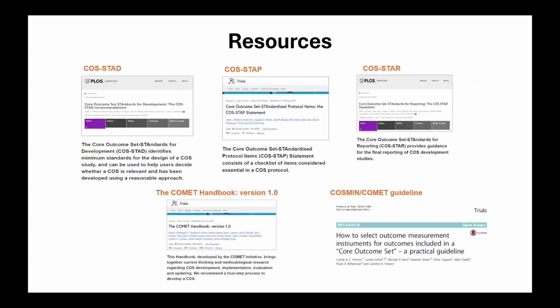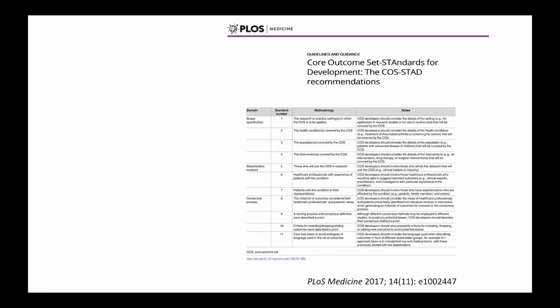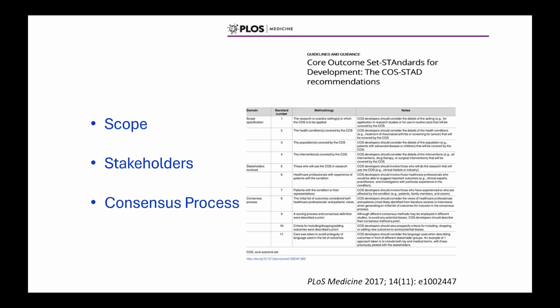So we provide resources to support core outcome set developers. We have standards on the development, a checklist of items for protocols, reporting guidelines. We have a COMET handbook, and then we also have guidance for the measurement stage, which I'll go into shortly. But in terms of the core outcome set standards for development, or COSSTAD, this focuses on the scope specification, the stakeholders who are included in the process, and the consensus process.